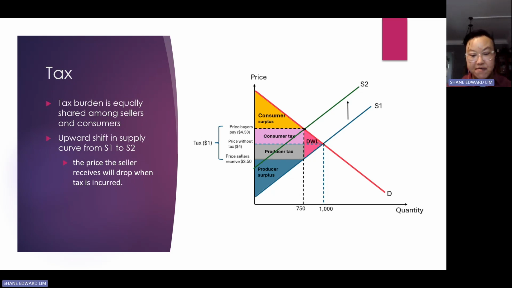With the tax imposed, we can see that consumers pay a higher price for less quantity due to less spending power. They are not as willing to pay more for the same amount of quantity. Producers, on the other hand, lose productivity, thus resulting in the loss of consumer and producer welfare.